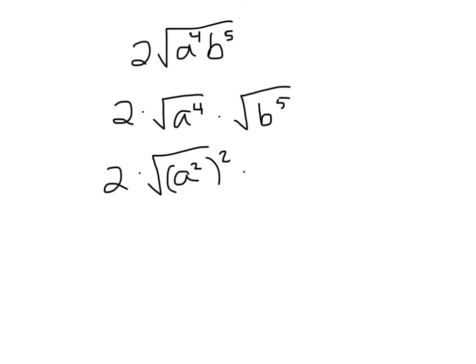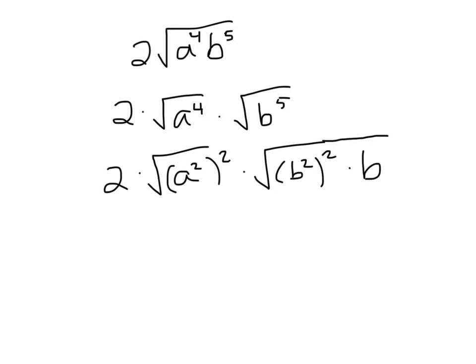We can look at b to the fifth as b squared to the second power, times b. That gives me b to the fourth times b, because we need to get b to the fifth. B to the fourth times b to the first, remember, multiplying like bases, add your exponents, is b to the fifth.